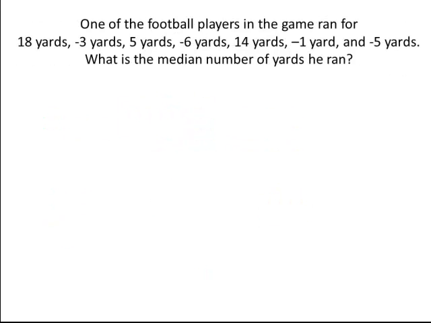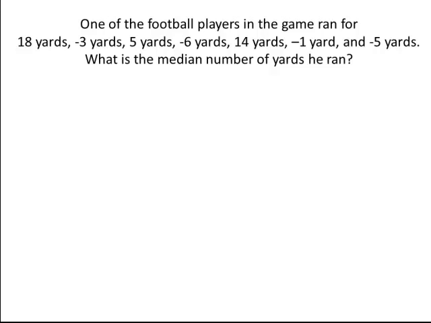One of the football players in the game ran for 18 yards, -3 yards, 5 yards, -6 yards, 14 yards, -1 yard, and -5 yards. What is the median number of yards he ran? We begin to find median by putting these numbers in order from smallest to largest.